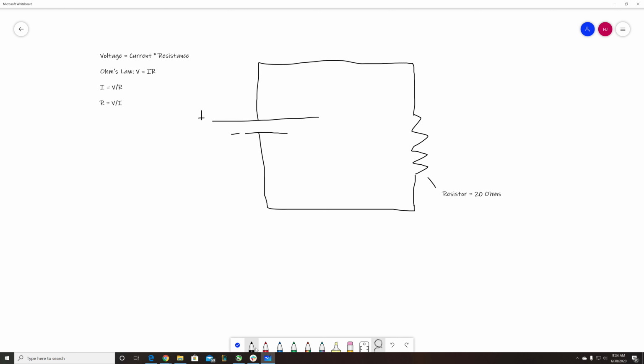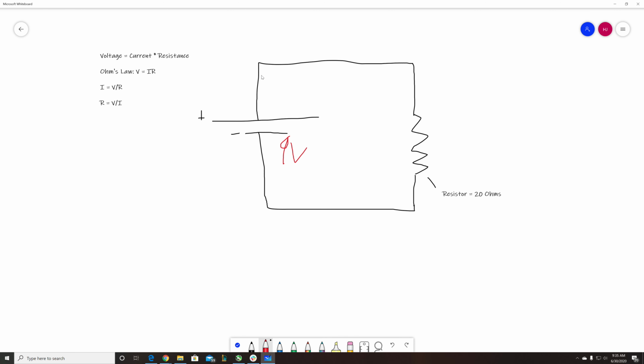The key to knowing this is that, say we give this battery 9 volts, just to go with it. Any battery you see in modern day is going to be DC, and it's always measured in volts.